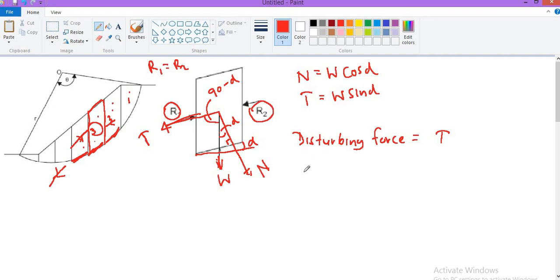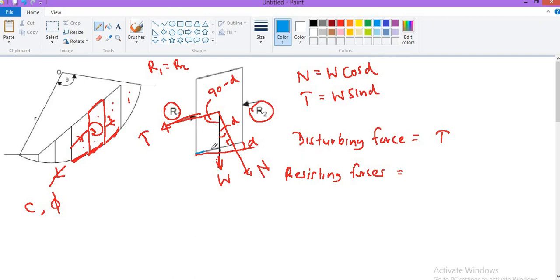So what about the resisting force? The reason I say forces is because we have two strength components. One is C, the other one is phi. Now C we already know is created by the cohesion along the bottom, or the slip surface.